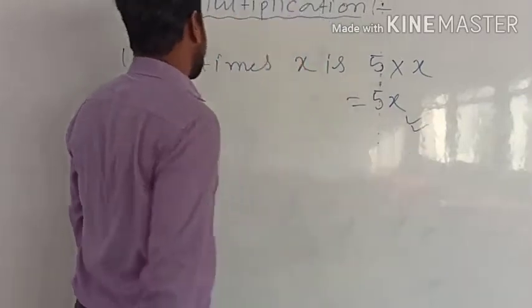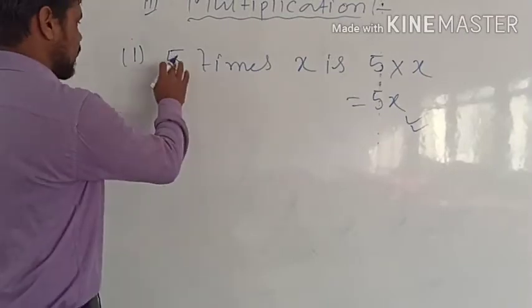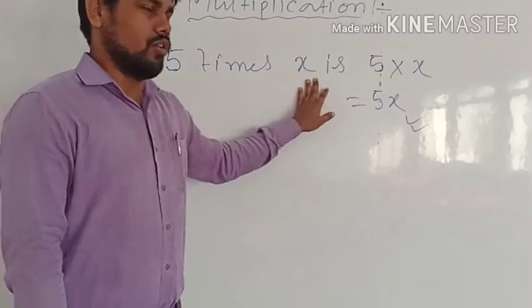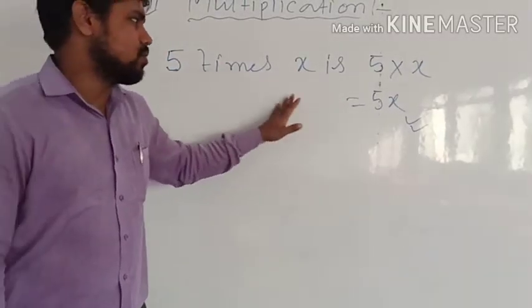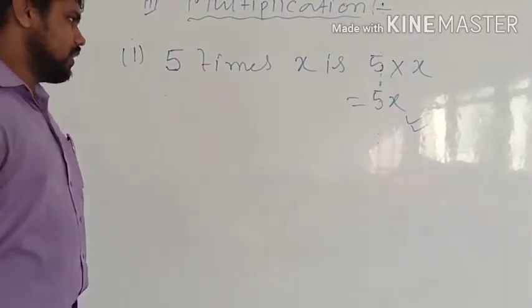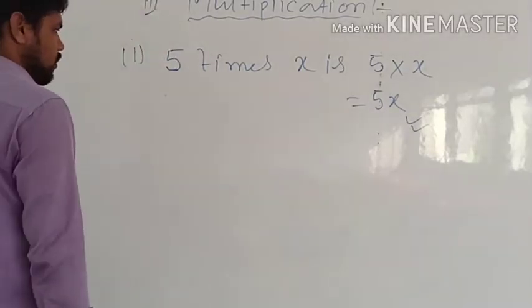This is multiplication. As much times of a number as it says, suppose 5 times x, or 14 times x, so 14x. If it is saying 100 times x, so 100x. As many times of a letter, that much of x, y, z, whatever you consider.